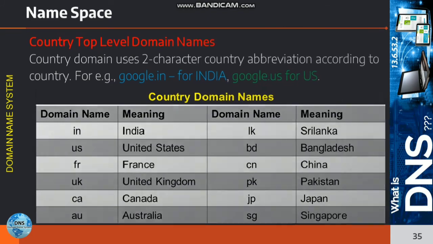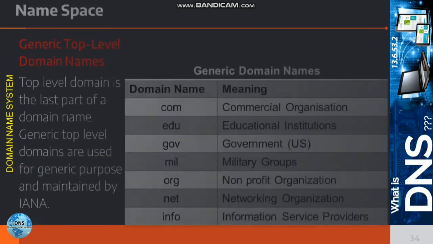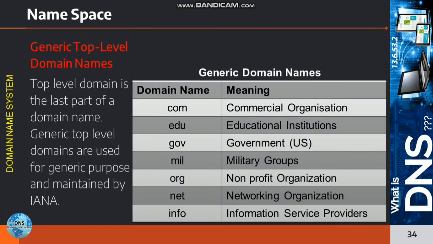The first one is: what is a top level domain name? The top level domain is the last part of the domain name. Generic top level domains are used for generic purposes and maintained by IANA. This is a one mark question, you can note it. What is IANA?